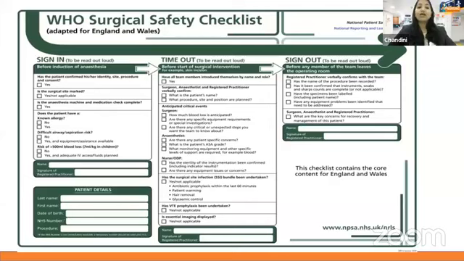One more thing comes up: the sponge count, the needle count, and the count of whatever instruments are being used. This is declared in front of the surgeon, the anesthetist, and the surgical team members, stating whatever count is being used for the patient's surgery. So this is about timeout.